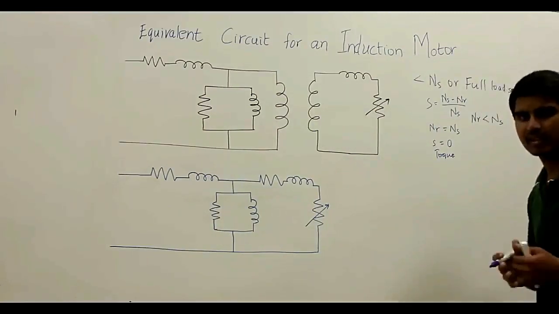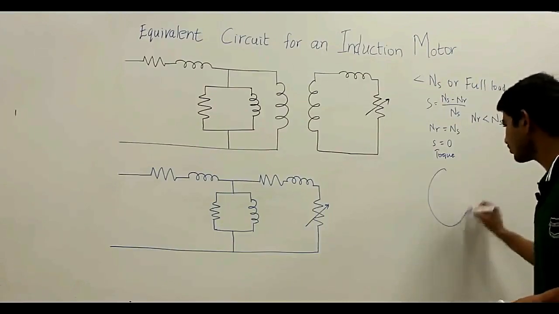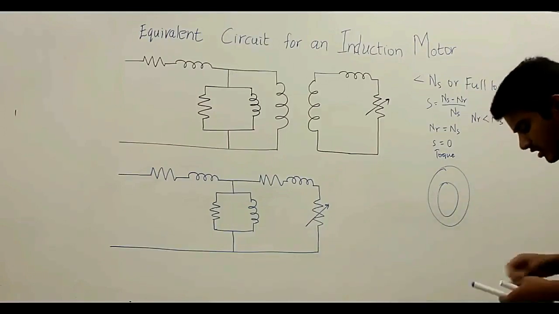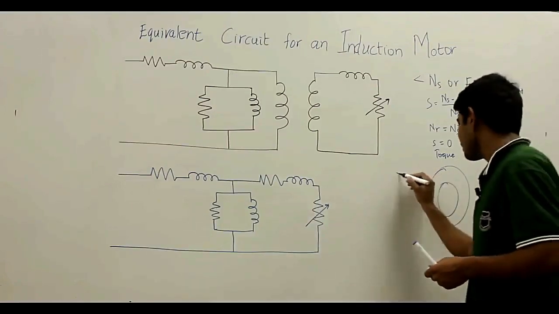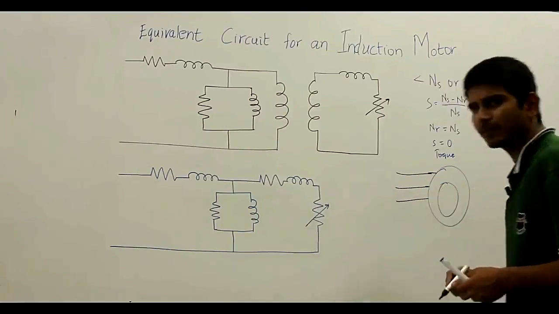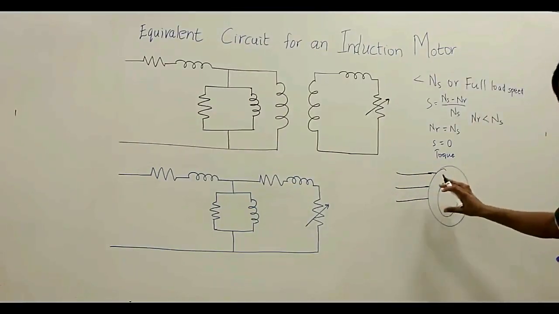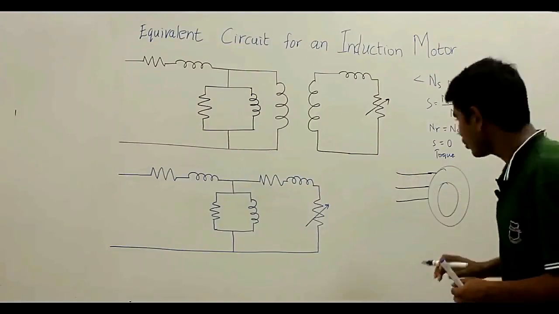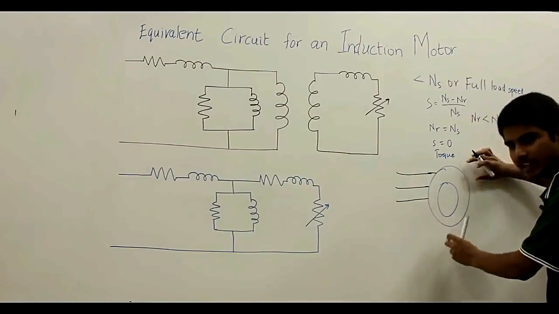Once we have briefed the working principle of your induction motor, if I say this is your stator and this is your rotor, then on supplying a balanced three-phase supply, that means the currents are equally displaced in the time domain, a rotating magnetic field is formed, as the windings of the stator are spatially distributed.